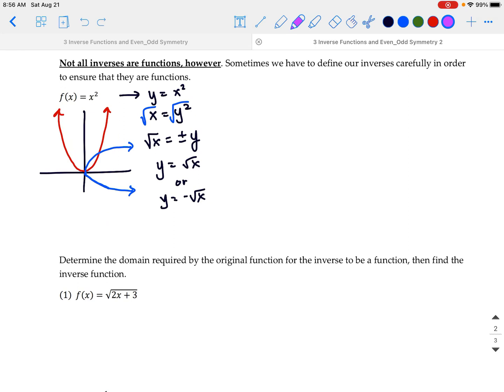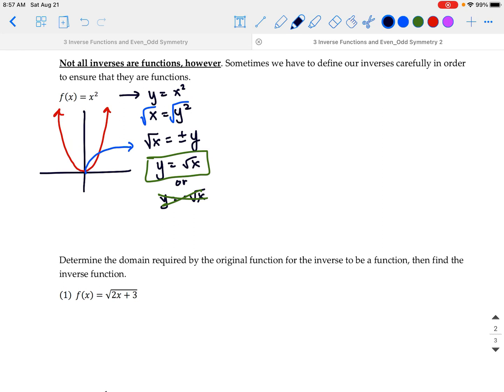So then the question is, well, how should we restrict this so that it does become a function? And so our standard way of defining this is going to be to shrink the domain of our original function, which means I need to get rid of one of these function rules. And so the one we will typically get rid of is the negative valued domains. So we're going to delete the negative square root of x, and we're going to let y equals rad x be our inverse function.